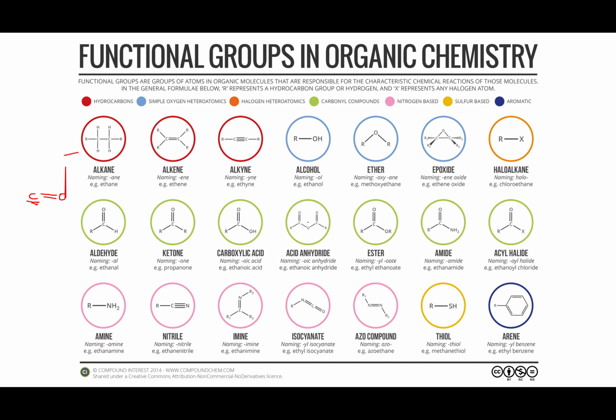For amides, the OH group is replaced by an NH2. Sometimes one or both of these hydrogens are also replaced by a carbon atom. Now for acyl halides, the OH group is replaced by a halogen. Whenever you see X, it means that it is a halogen, or the elements chlorine, fluorine, and iodine.